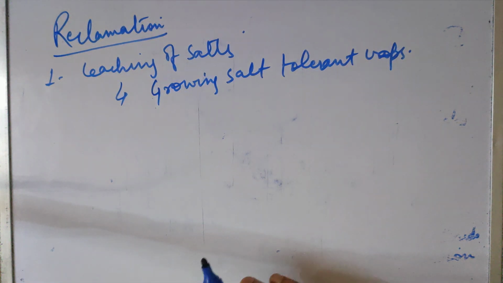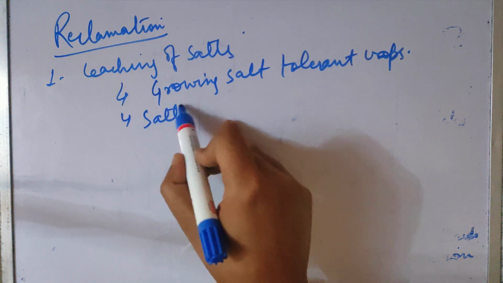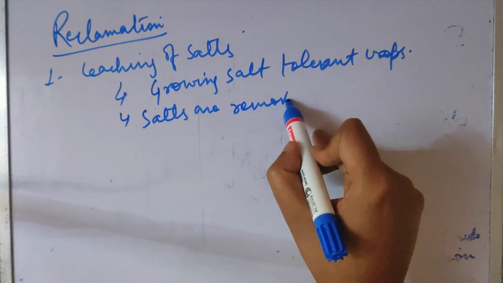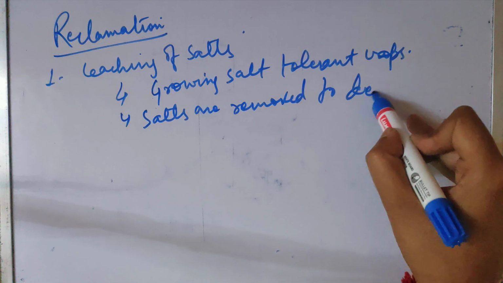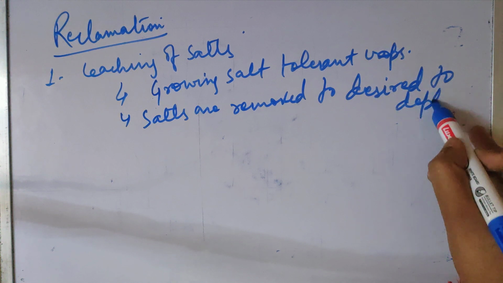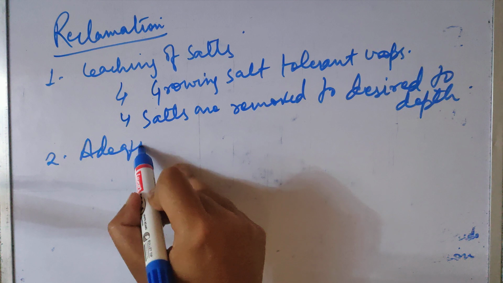Salts are removed to the desired soil depth so that they are not harmful to crops anymore. We need to keep adequate drainage in the field.